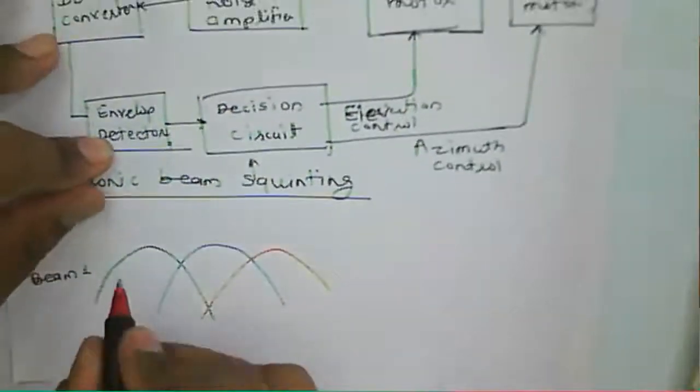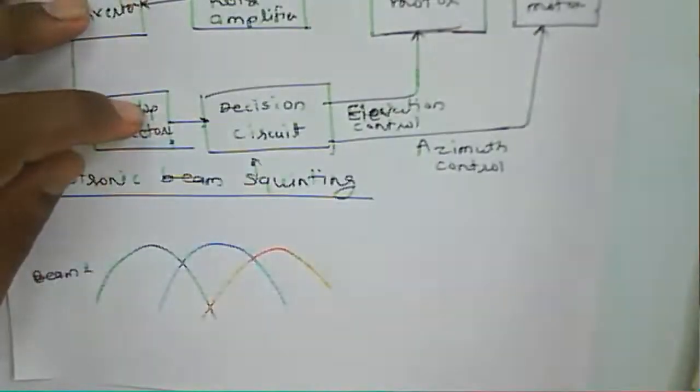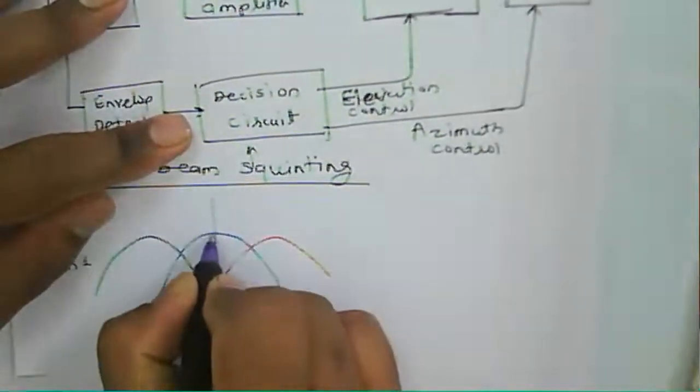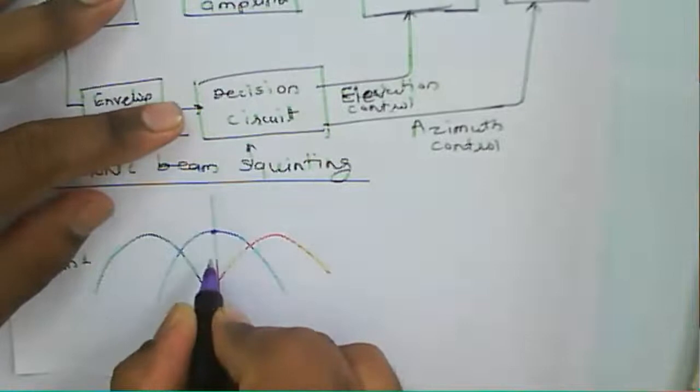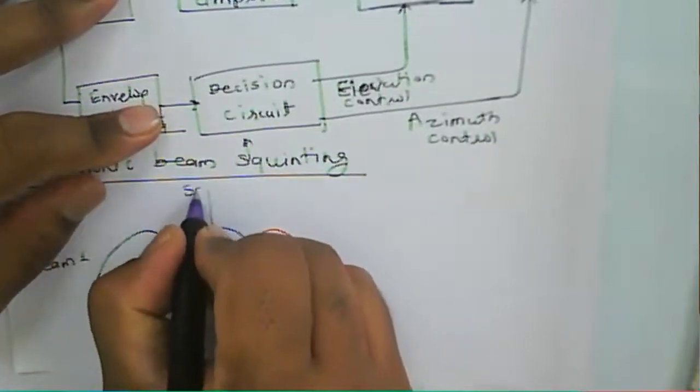Likewise there are various beams. So this one is about a boresight of an antenna. And this one is about a satellite position.